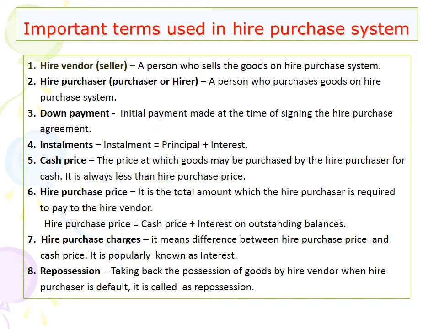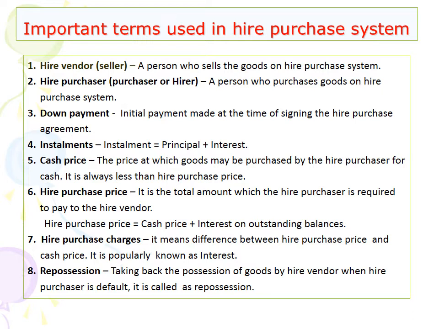Third one is down payment. Down payment is nothing but the initial payment made at the time of signing the hire purchase agreement. Fourth one is installments. This is a very important concept. Installment comprises two things: principal plus interest.